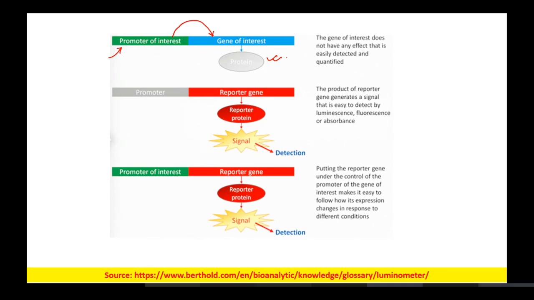In that case, we cut out this gene of interest, and in place of this gene of interest, we put a reporter gene. Then we have a combination of a promoter and a reporter gene.